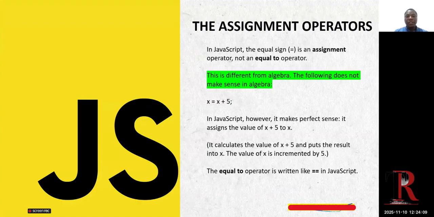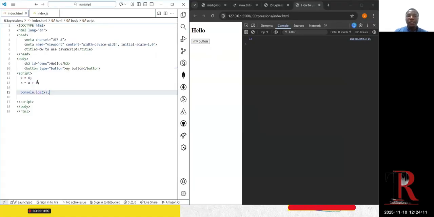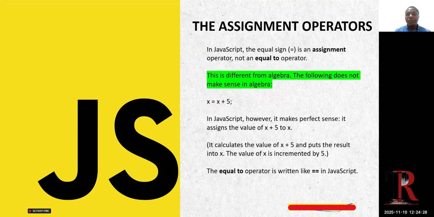In our own case, it picks the value of x, which is 6, then adds it to 8, which gave us 14 in our output, which means it's a valid expression, because JavaScript interpreted it as a valid expression.